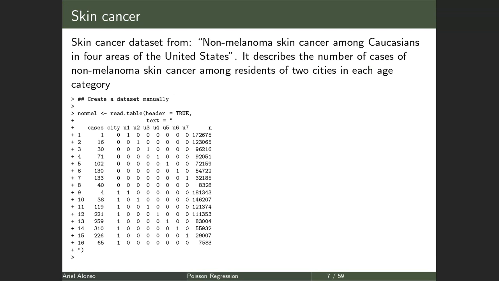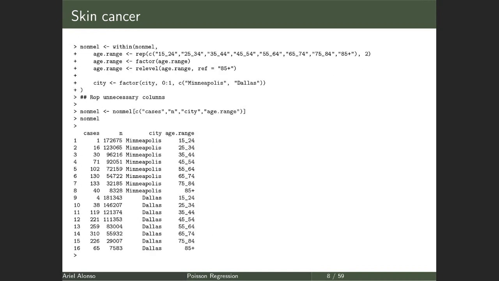Now, let's see a somewhat more realistic example. This is a study of non-melanoma skin cancer among Caucasians in 4 areas of the United States, and it describes the number of cases of non-melanoma skin cancer among residents of 2 cities in each age category. We have Minneapolis given in this part of the data, and then we have Dallas, which is given here.